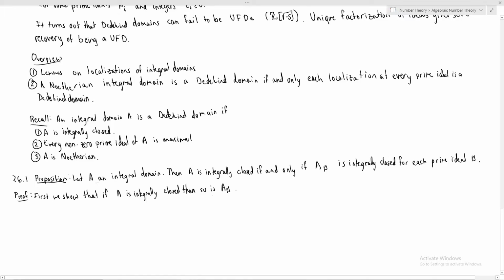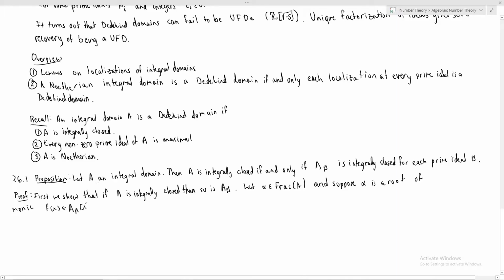So let alpha be in the fraction field of A, and let's suppose alpha is a root of a monic f of x in A_P.